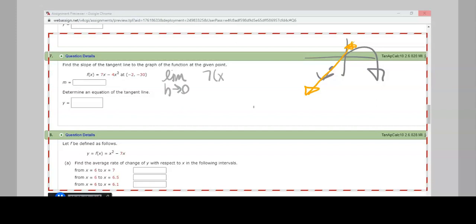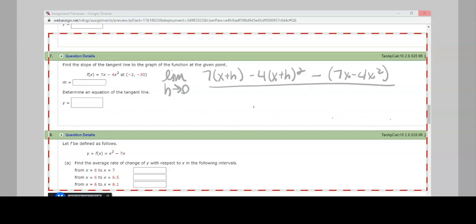So 7 times x plus h minus 4 times x plus h squared, minus my original function, which is 7x minus 4x squared, all over h. So on this one, we're going to distribute.